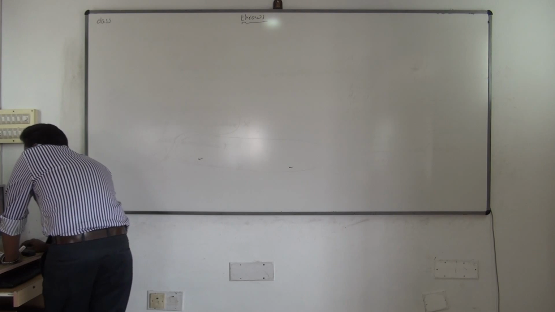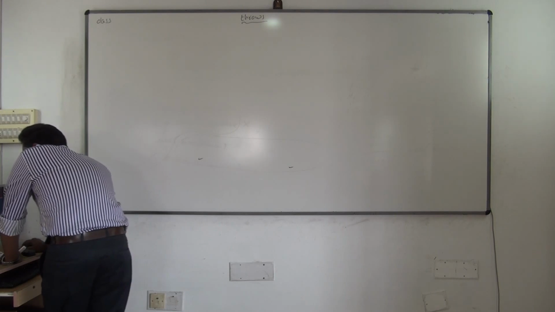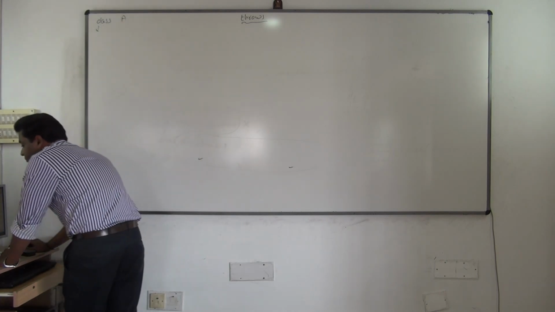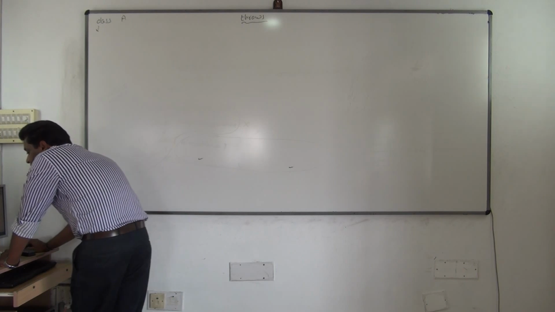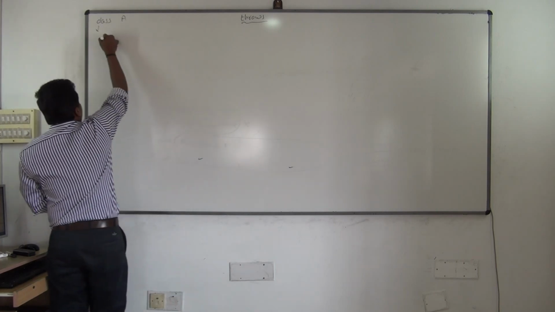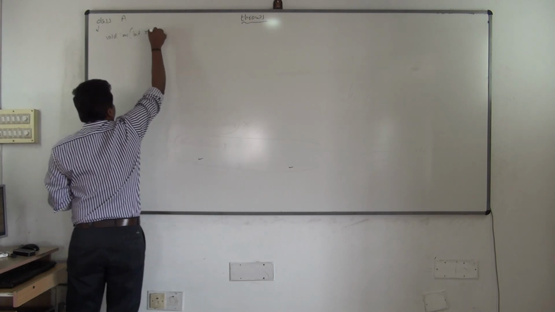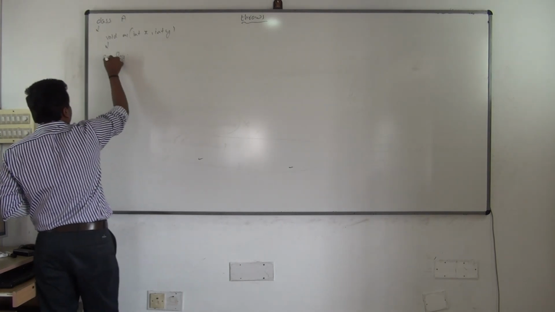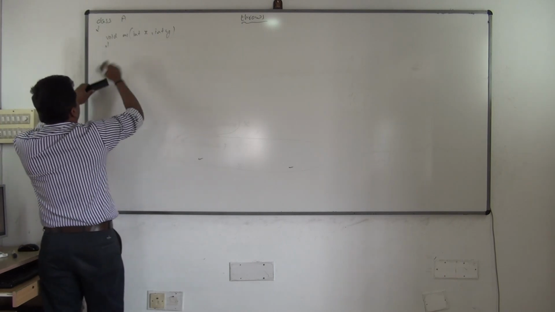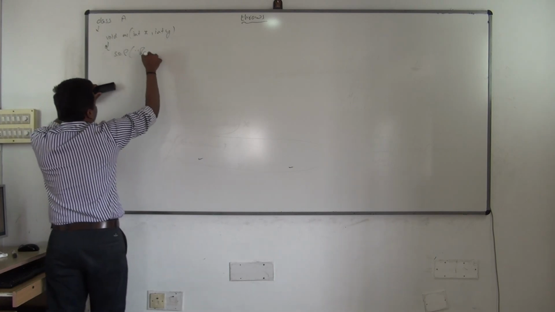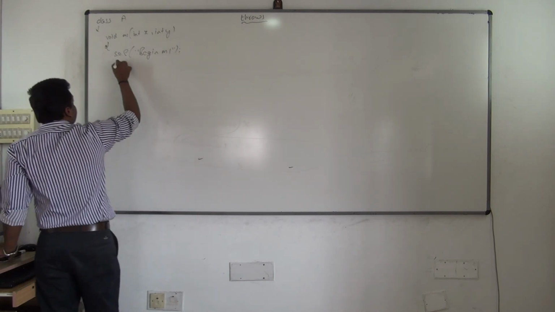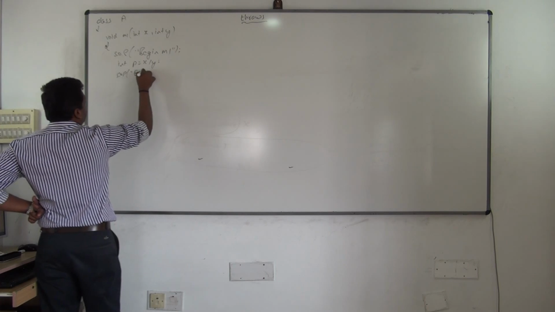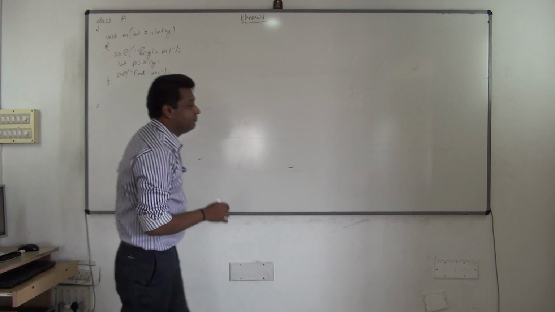So what happens here is there is some simple class and simple method.